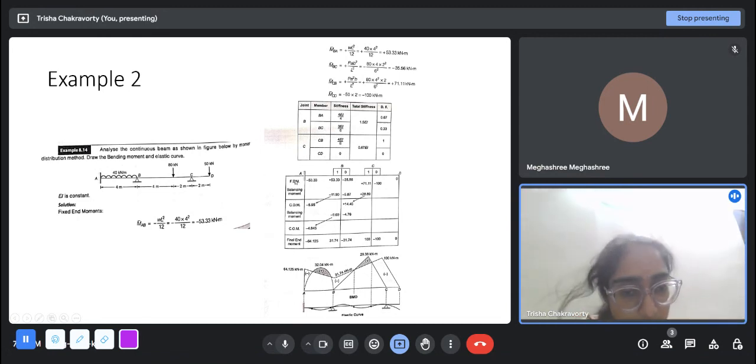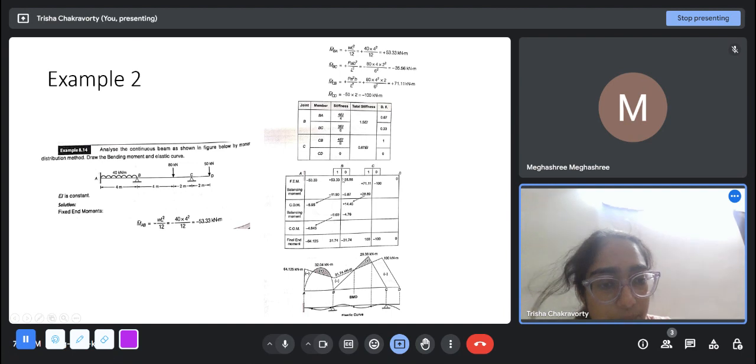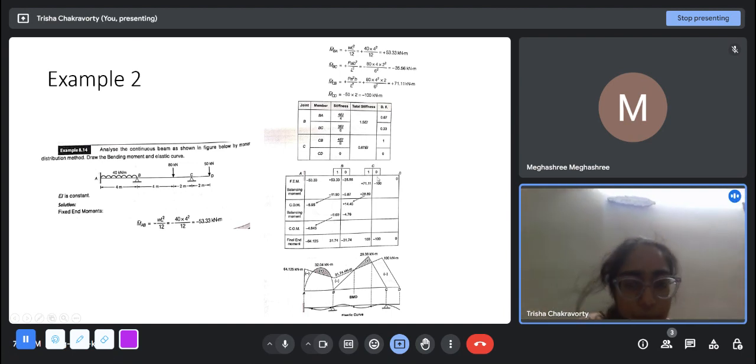So we draw up this table as A, B, C, D. At B we write 0.67 and 0.33, and at C, 1 and 0 correspondingly, and we write the fixed end moments. At D, there is no fixed end moment. Here there is an unbalanced moment of 53 minus 133 minus 35.56, that we divide in 2/3, 1/3 ratio.